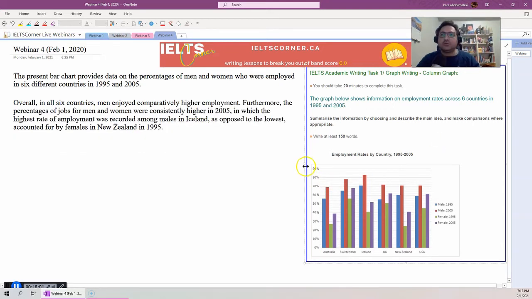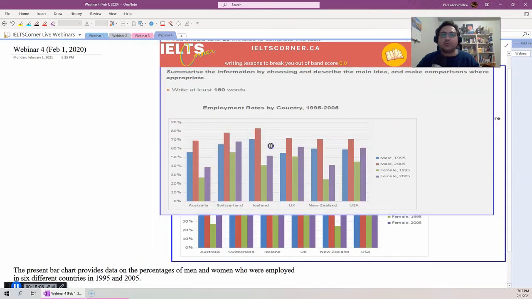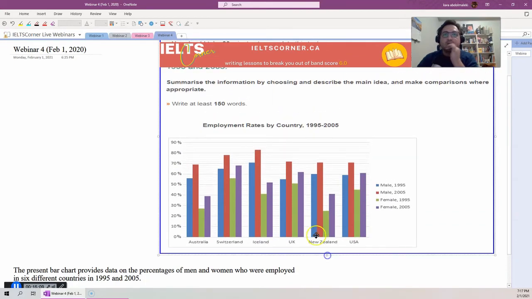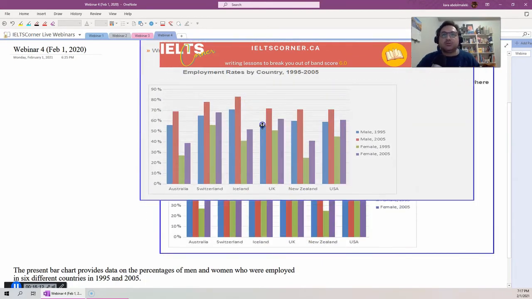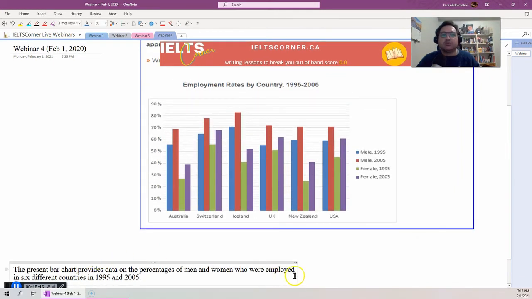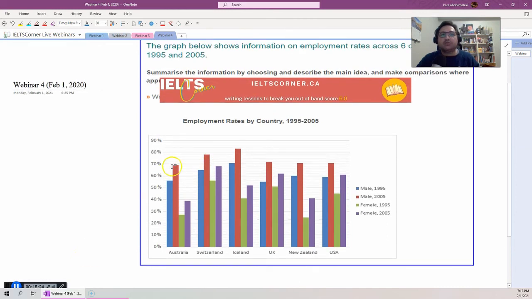So let me just bring this back here just for a moment, because I want to talk about the 2 paragraphs. Okay, so now what we did was we basically wrote our introduction and our overview, and now we're going to write 2 paragraphs. So we need to divide this information into 2 paragraphs.